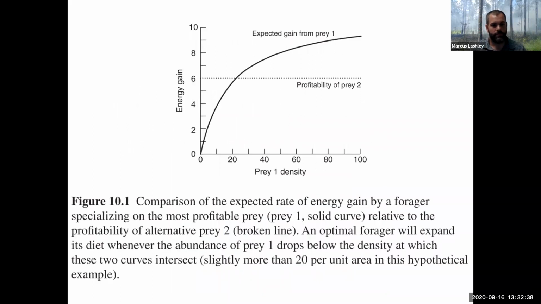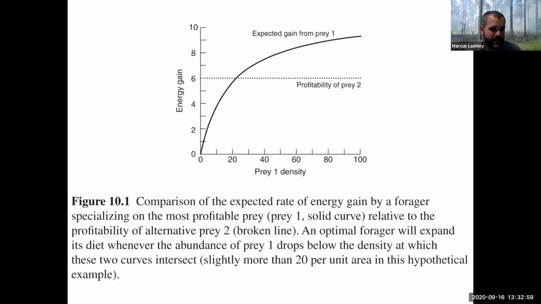So there are a couple of other things. I put some figures in here for you to look at, and there are a bunch in the book to think about. But basically, when we're talking about a predator specializing on when to switch to an alternative prey, basically it's explained by this graph.